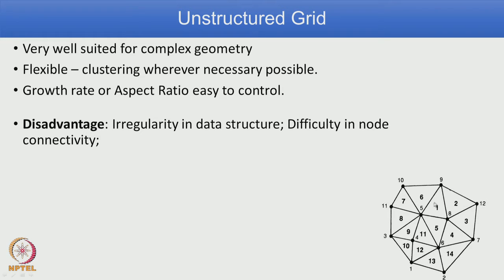For example, element 1 has nodes 9, 8, 5, element 2 has nodes 12, 8, 9. Similarly, element 3 has 3 nodes and so on.